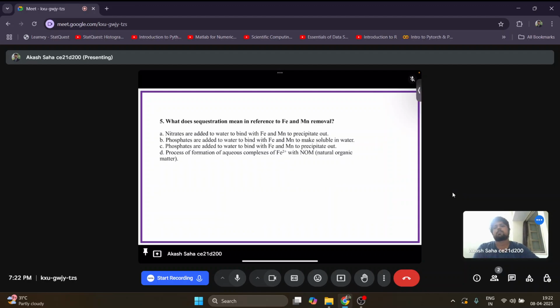Moving forward, what does sequestration mean in reference to ferrous and manganese removal? Is it nitrates are added to the water to bind the ferrous and manganese to precipitate out? Phosphates are added to water to bind the ferrous and manganese to make them soluble in water.